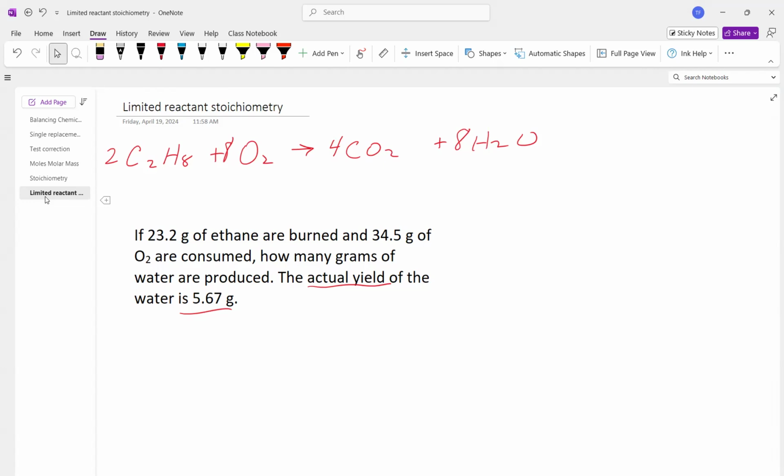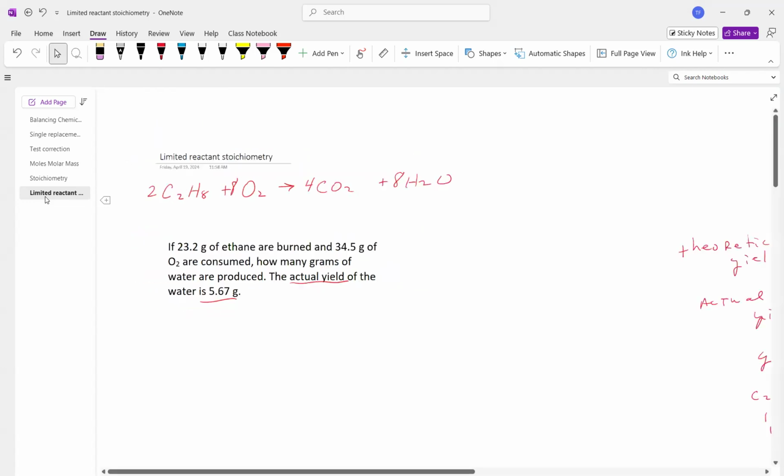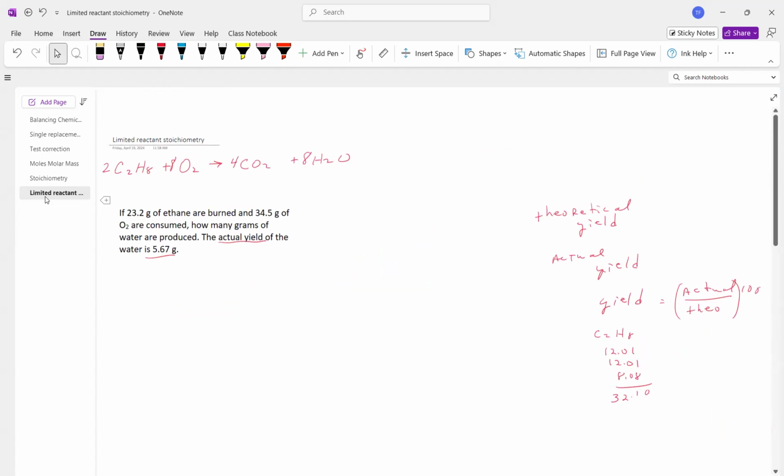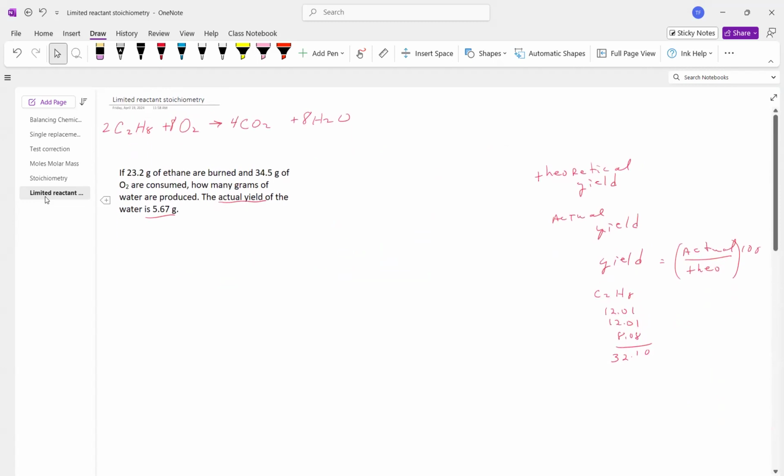Okay, as a side note, if I have ten bicycle frames and 10 wheels, that's given. How many bicycles can I put together? Who said 5?